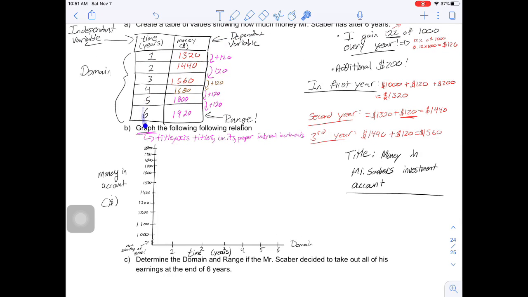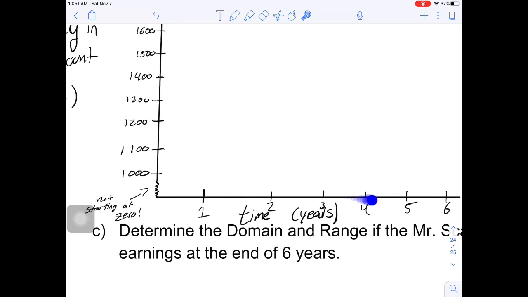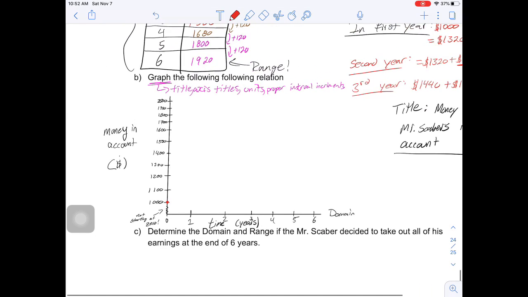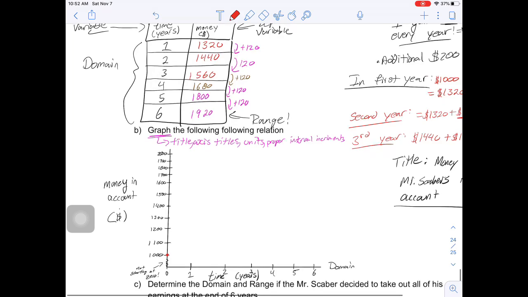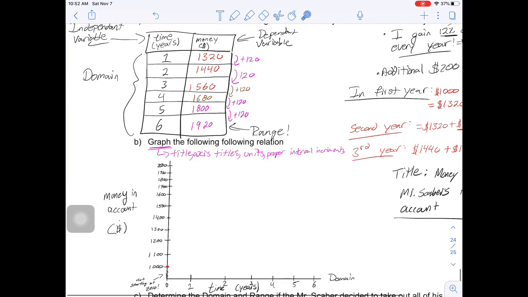And now from here, it's simply plotting my points. Now let's talk about this quickly. When my domain, when time is 0, how much was in my account? Well, that was $1,000, right? I started off with $1,000 and I didn't make anything then. That's just what I started with. Okay. Now, what is my next point?